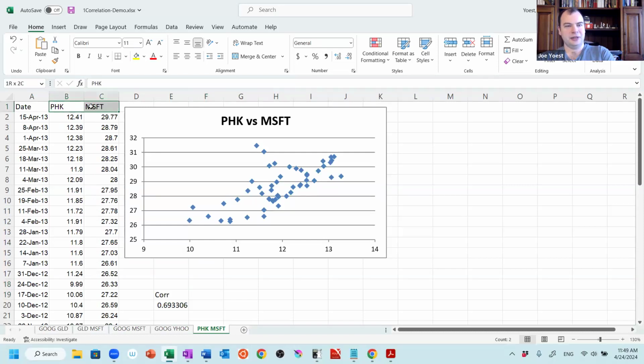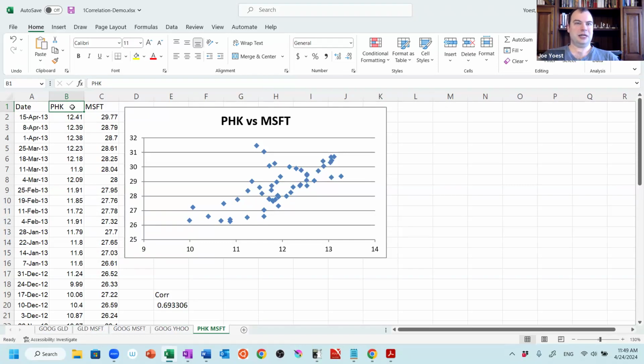And as an aside, Microsoft is a stock. It's a company that you can own shares of, of course. And PIMCO is actually a bond portfolio. So folks that are in, I think we have some folks in finance and accounting, those kinds of fields, you might say, wait, I thought bonds and stocks kind of move opposite of one another.